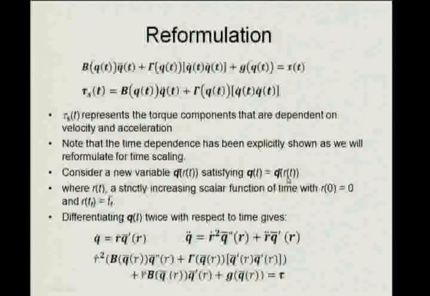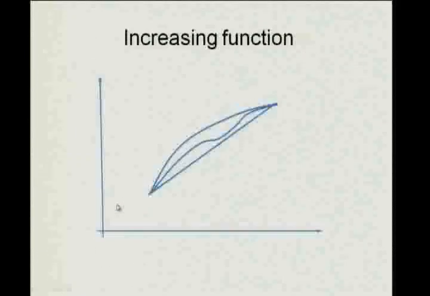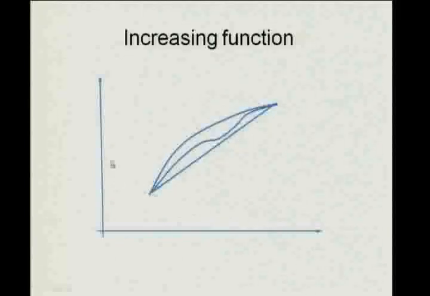Now by definition R of t has to be a strictly increasing scalar function of time with R of 0 equal to 0 and R of tf equal to tf bar. Okay. So I will just go one slide ahead and come back. Essentially if this is my t axis, and this is R of t, all I am saying is that it has to increase over time.